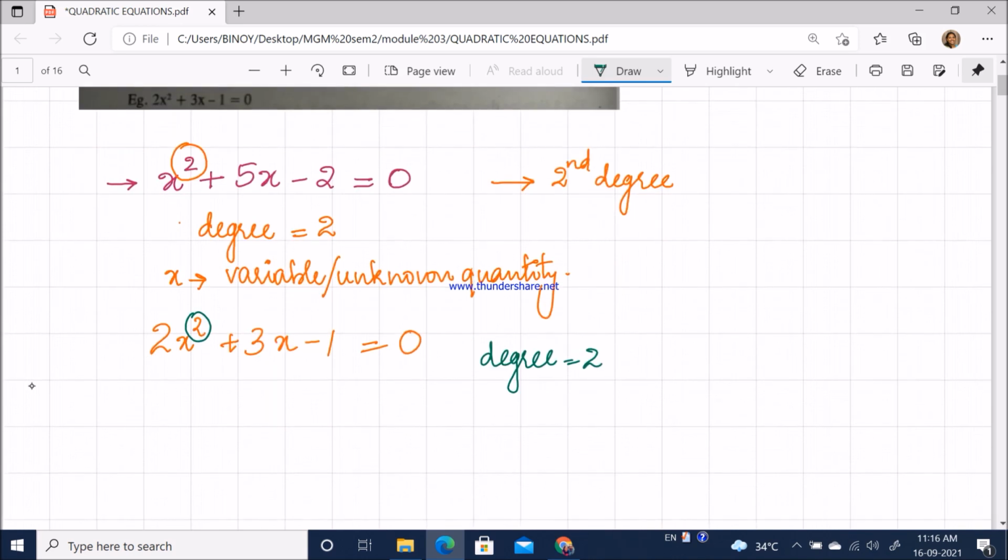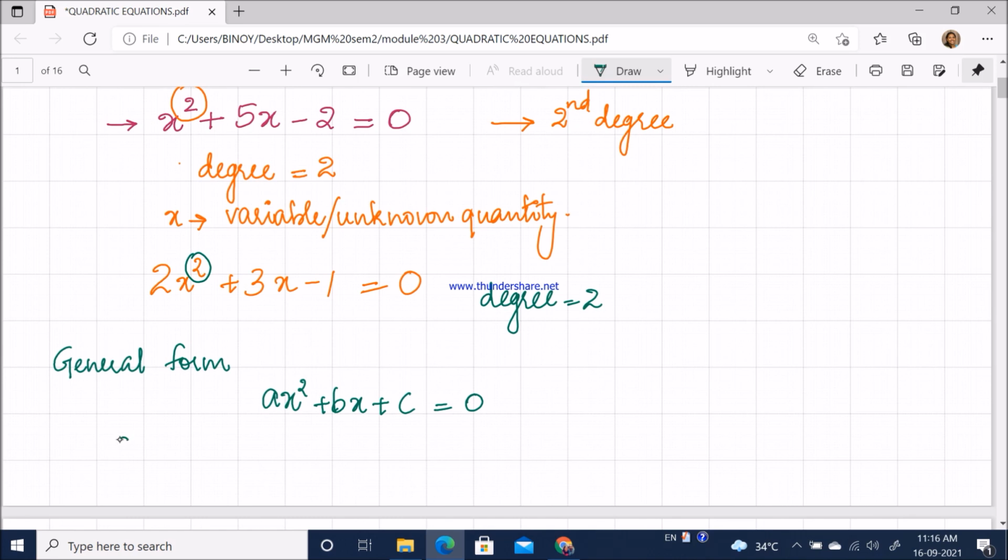Now let's see the general form of a quadratic equation. The general form is ax square plus bx plus c equal to 0, where a, b and c are constants, with a not equal to 0.